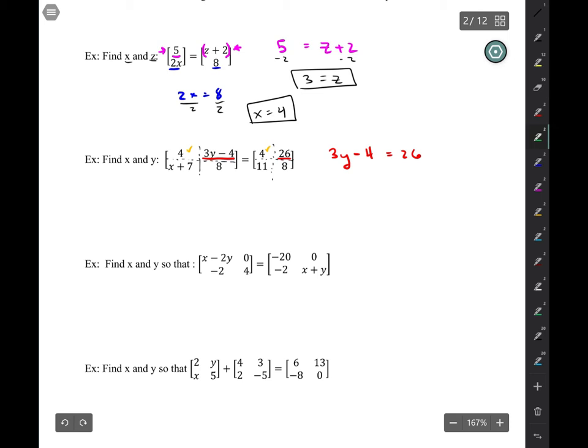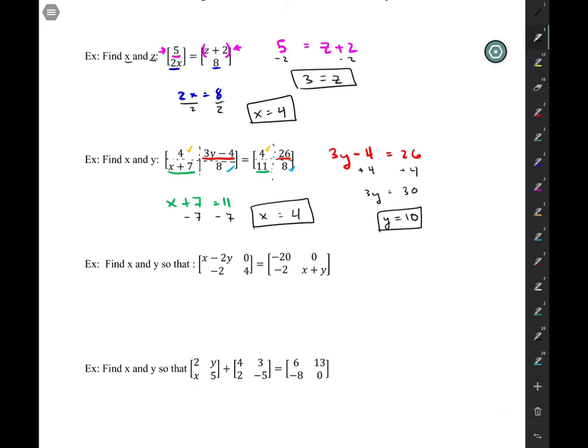Down below, x plus 7 and 11, those must be equal. And then in the last cells, 8 and 8, those are already good to go. So little mini equations, pretty harmless. 30 equals 3y, so y is equal to 10. And subtract 7, x equals 4. Bada bing, bada boom.